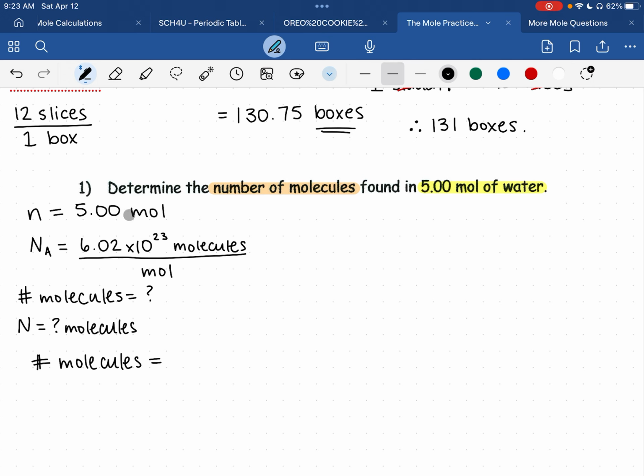So I'm going to use this number to start off the equation. 5.00 mole. And then I need to have a fraction in order to convert moles into molecules. So I'm looking at this here, and it needs to have moles in the denominator.